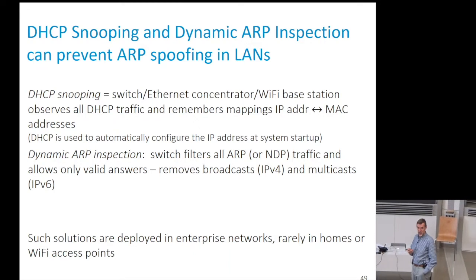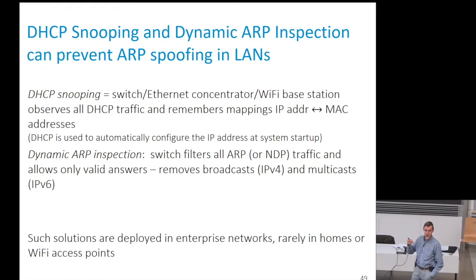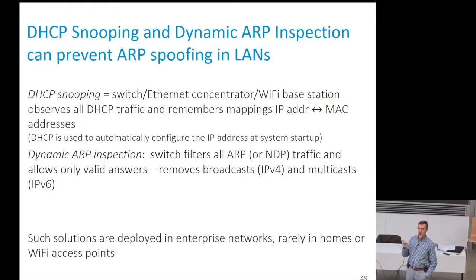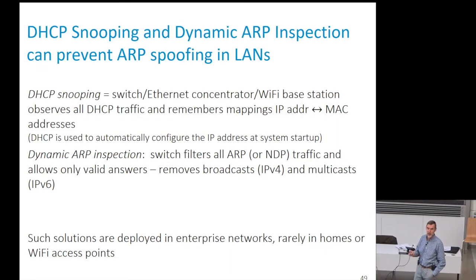So if it's very smart, it can answer on your behalf for any ARP question. If somebody is asking, what is your MAC address? Since the IP address was allocated to you by a device that knows what was allocated to you, if this device is on the path of all the ARP requests, it will answer for you.